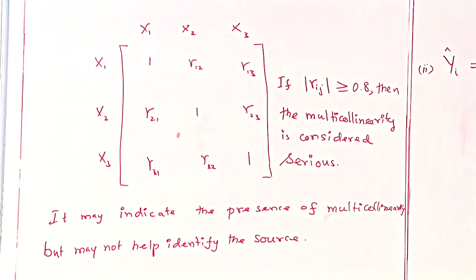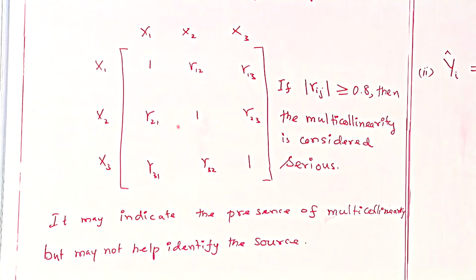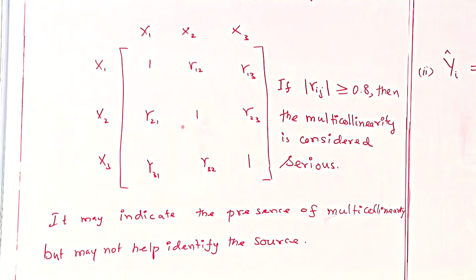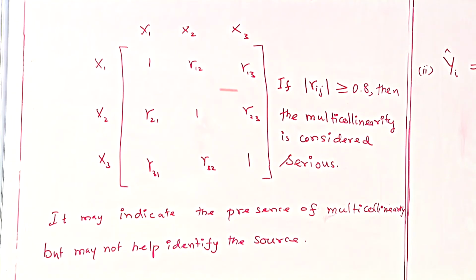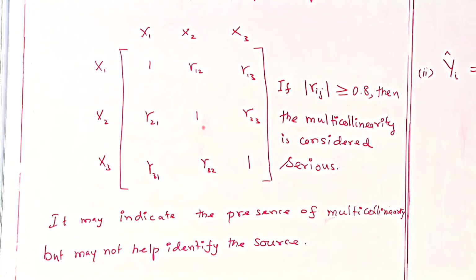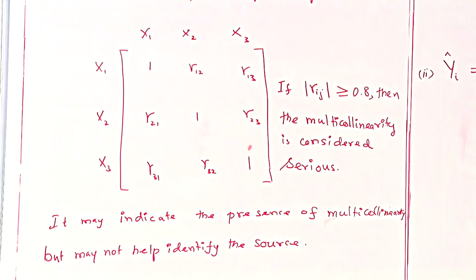We won't be able to identify which variable causes the multicollinearity because of the interrelationship between the variables. So, this simple pairwise zero order correlation matrix will just help to say whether there is a multicollinearity problem or not.